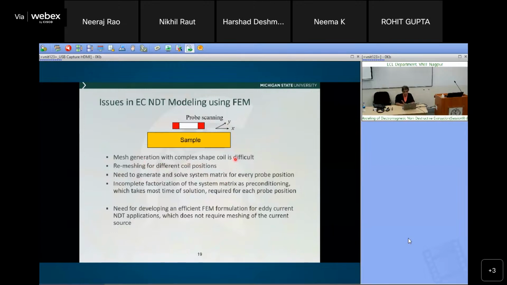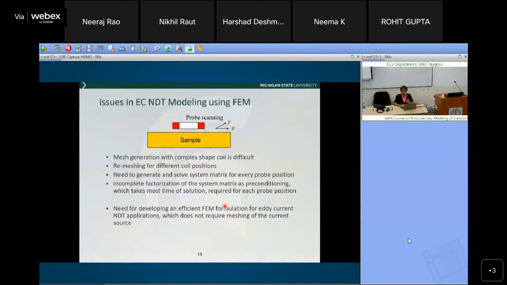In order to handle this problem, there is a very efficient way to do this. We use what is called the reduced vector potential formulation, which avoids the need for remeshing at each point. I have a couple of slides on that.